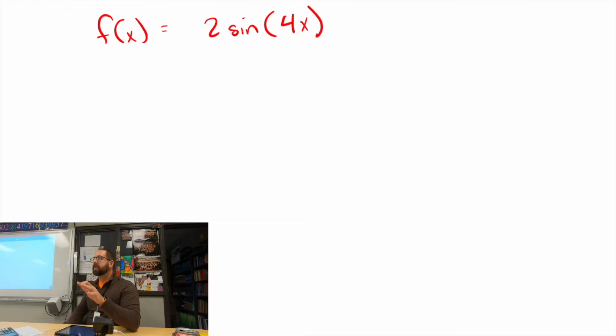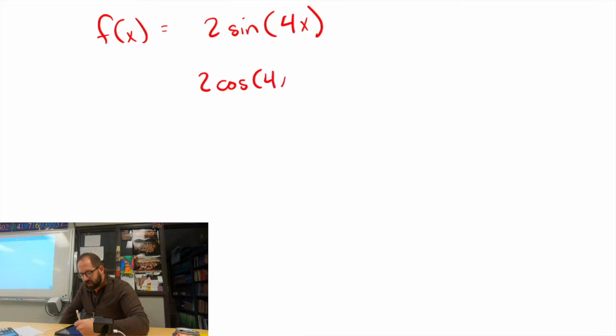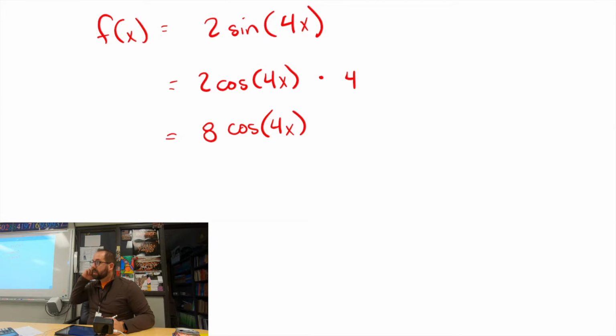Now, just doing the chain rule on this, the derivative of sine is cosine, and then you take it times the derivative of the inside, which is just 4. So this ends up being 8 cosine of 4x. That's what the derivative ends up being. Well, I want to discuss that. I want to show you why it works out the way that it does.